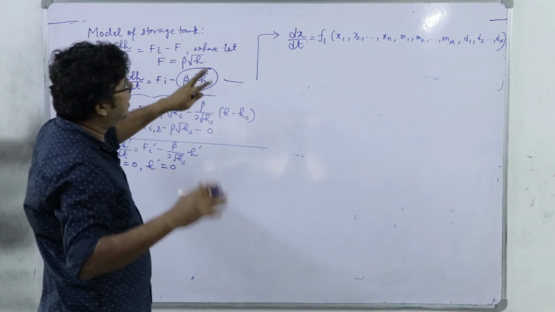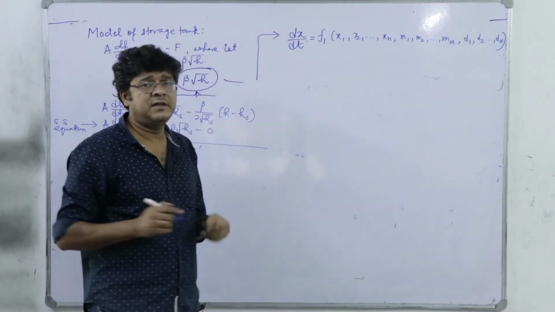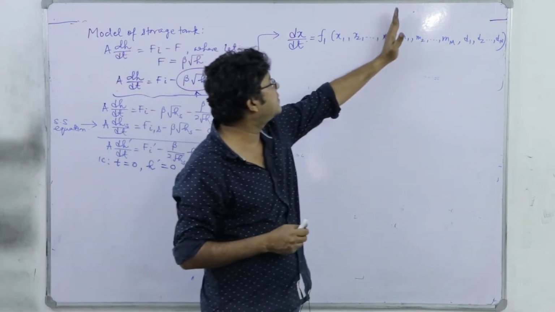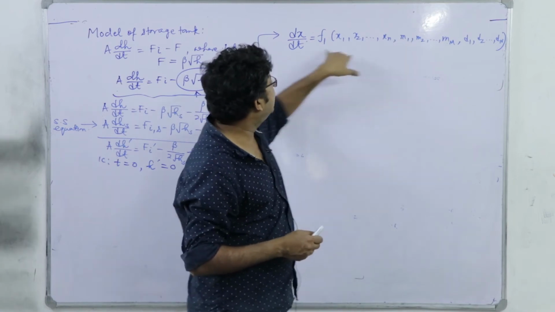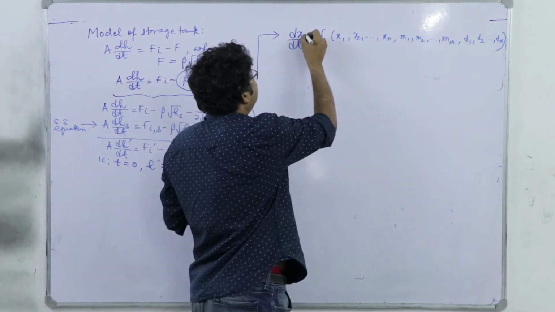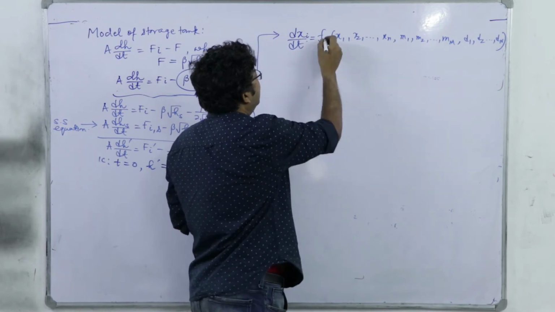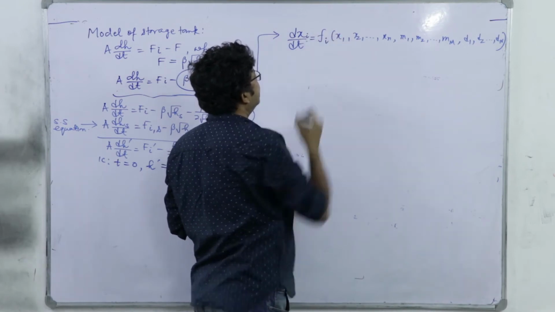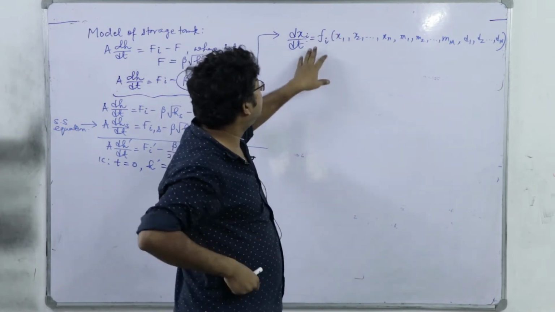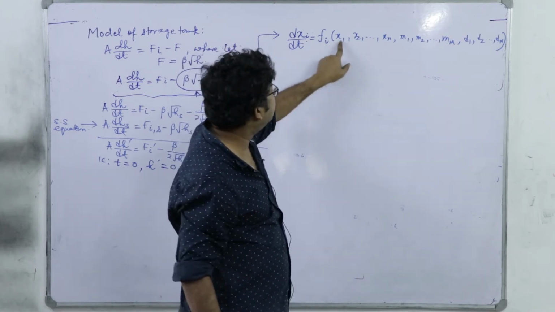The general structure in the handout, I have only considered this, but truly in this sort of differential equation, dxi/dt is equal to fi, with i equal to 1 to n.